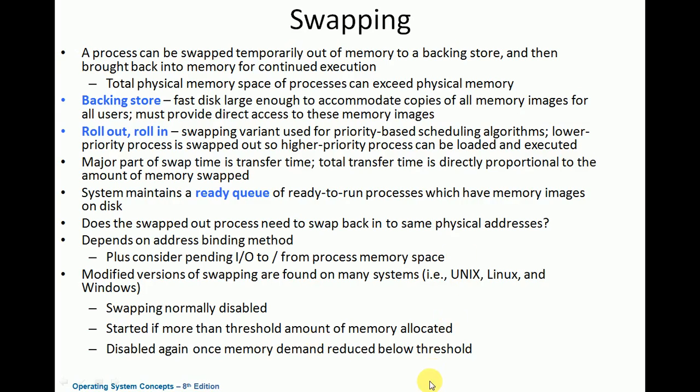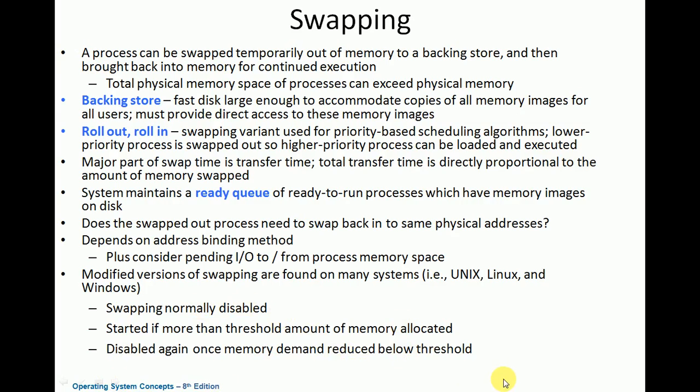For example, if the memory size is 1 megabyte, that is 1000 bytes, the threshold value is kept as 900 bytes. Whenever the memory is utilized up to 900 bytes, we enable swapping. Until then, swapping will be disabled, and it will be disabled again once the memory demand reduces below the threshold value.